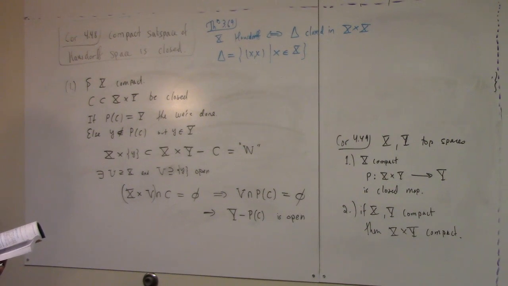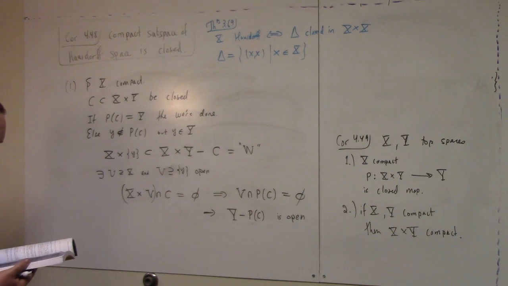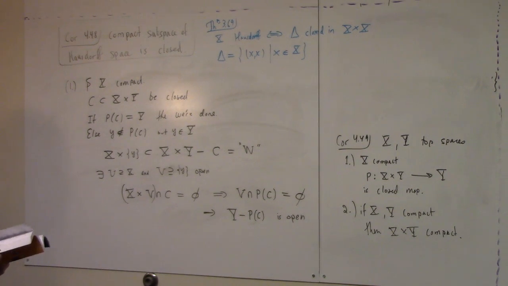No, we didn't prove this one, but theorem 4.44 said that if every fiber is compact for a closed map with a compact range, compact codomain if you like, then, I mean, theorem 4.44 we didn't prove, so I guess it's kind of inappropriate to prove this one too.